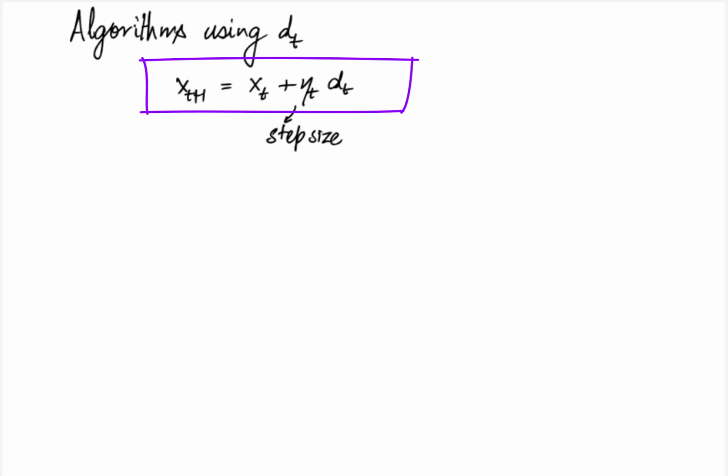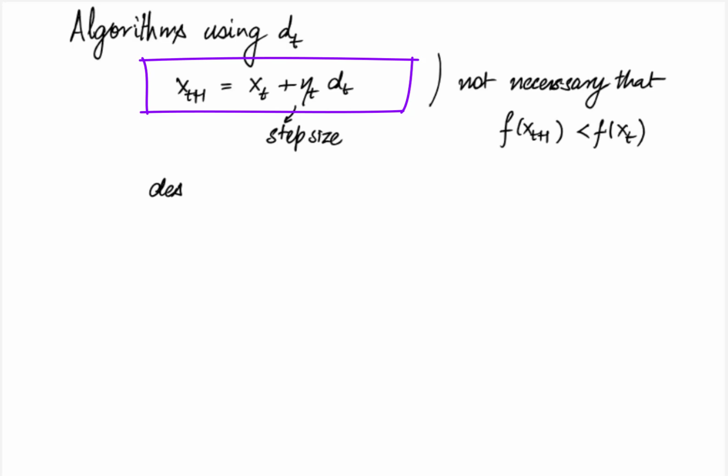One point that you can observe here is that even if dt is a descent direction, it is not necessary that f of xt plus 1 be less than f of xt. So why is that? If you look carefully at the definition of the descent direction, you can see that the descent property is valid only if we go a very minuscule amount in that direction.